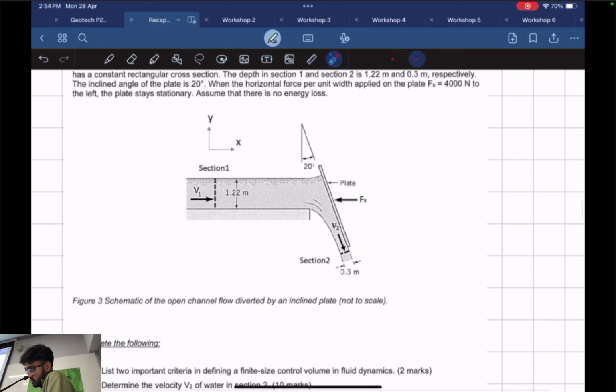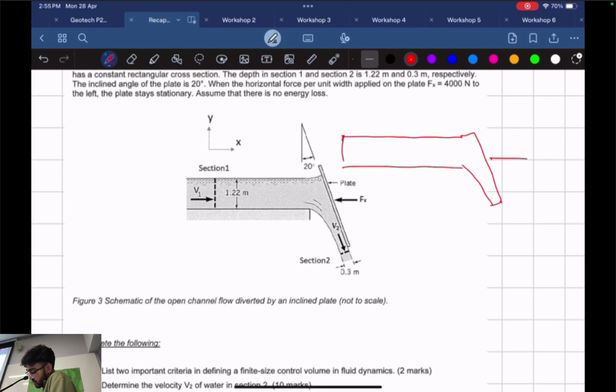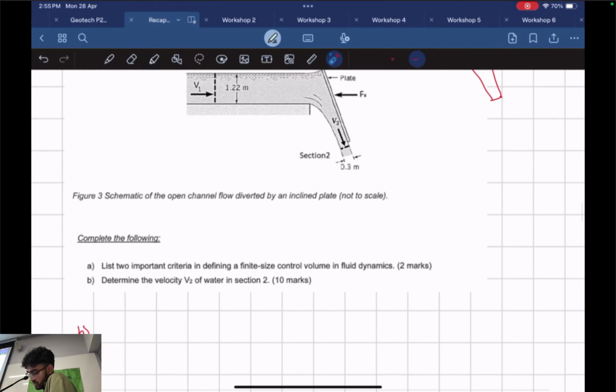So our control volume will look something like this. And over here we're going to have to add this force, Fx. So the control volume is pretty much the volume we're looking at when analyzing the system. That's pretty much all it is. Okay, so determine the velocity at V2.